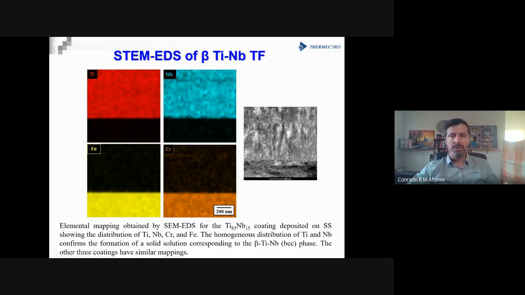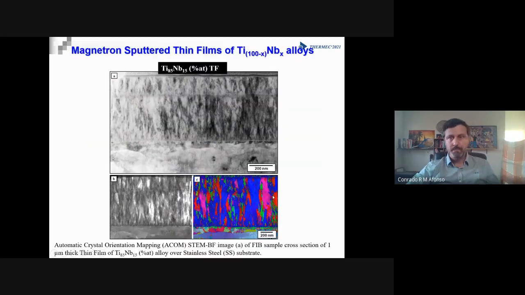And here is just a STEM image in dark field showing the general nanostructure of this thin film. And here, first showing the titanium niobium thin film with 15% of niobium, and we can see a general STEM image of the nanostructure.